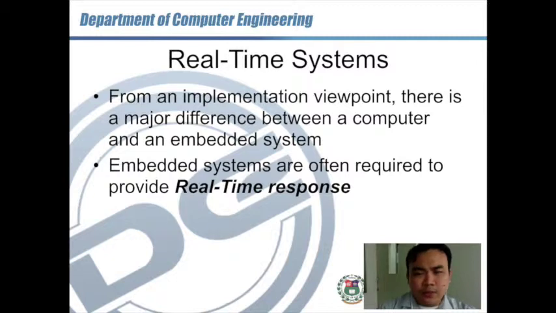Not all computer systems could do real time, but embedded systems are basically a very good real-time platform. As I said, embedded systems are often required to provide real-time response. Why? Because of their dedicated task. If you have only a few tasks, then you can do them very efficiently with as little delay as possible.